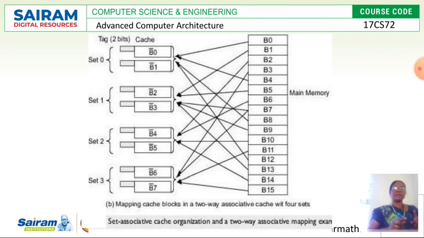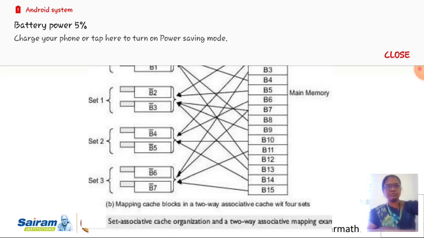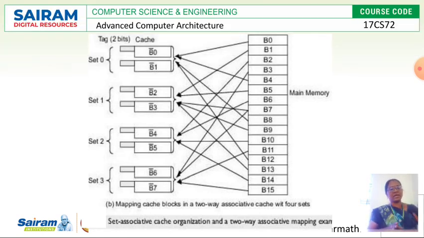In this example there are 8 blocks in cache. These 8 blocks are grouped and classified into 4 sets. Right? Then the main memory is the same. It has 16 blocks. How the connection is made: the same way as the first type, direct mapping.